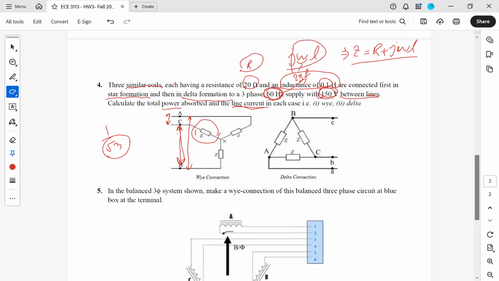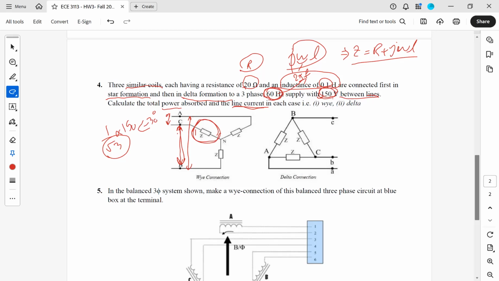So we know that the phase voltage is 30 degrees behind the line voltage, so it's going to be minus 30 degrees across this phase.